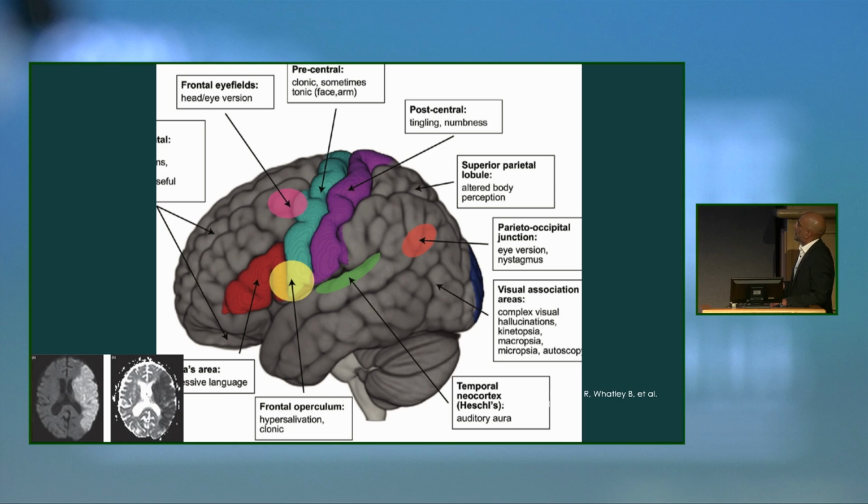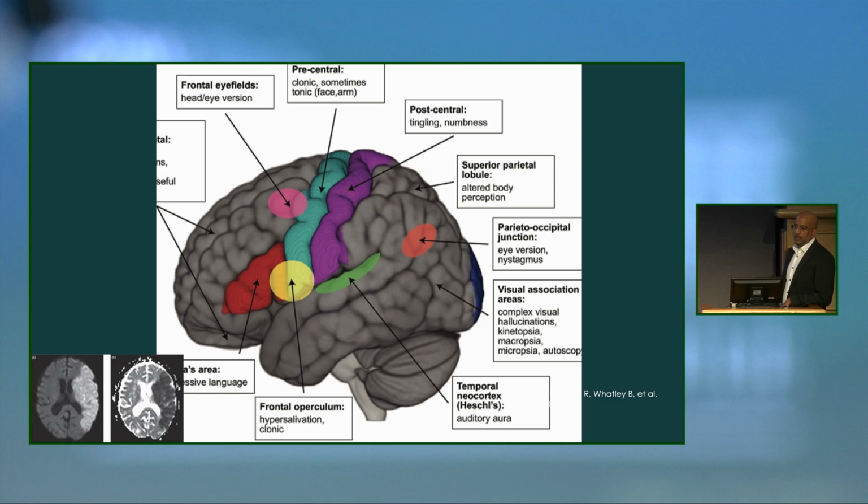Having a basic knowledge of some of the areas involved is useful, including Broca's area, where one could get a language disturbance and not be able to express oneself, or the motor strip, where one could get a Jacksonian march, where you start with a little area of twitching or jerking and it spreads to further areas.